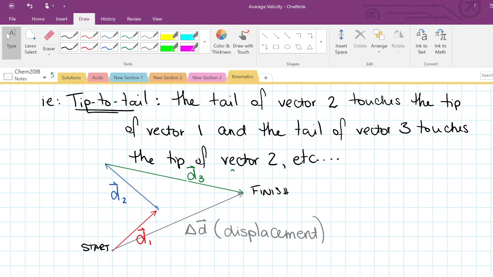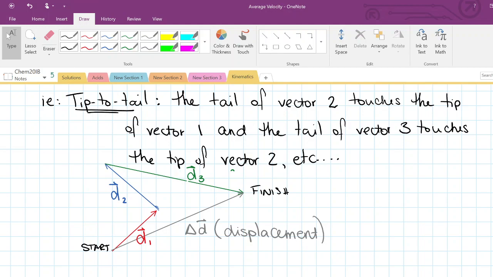So they start here, let's say it's a student going for a hike. They hike in this direction for X amount of meters or kilometers. They stop, they have lunch, they look at the scenery, and then they continue on their walk, but they change course.